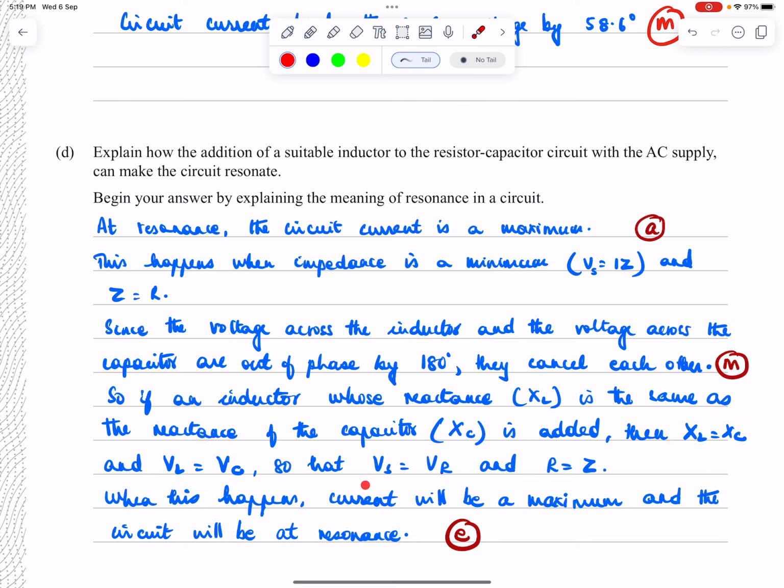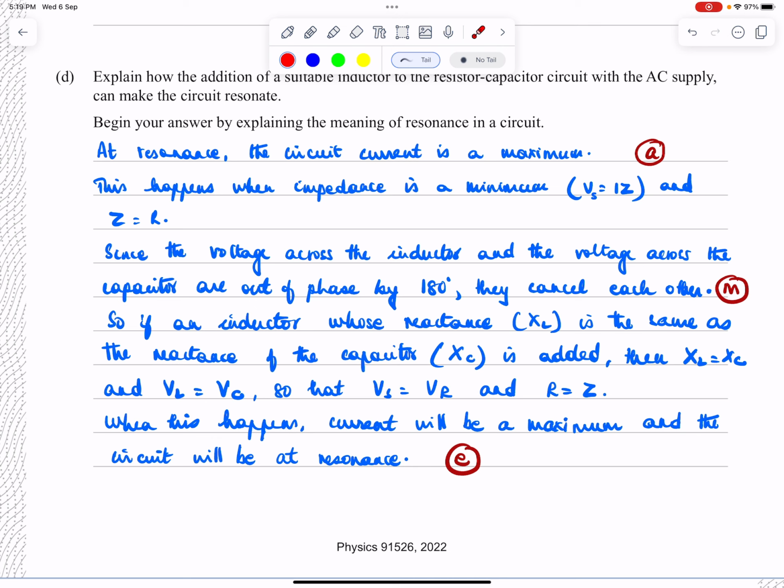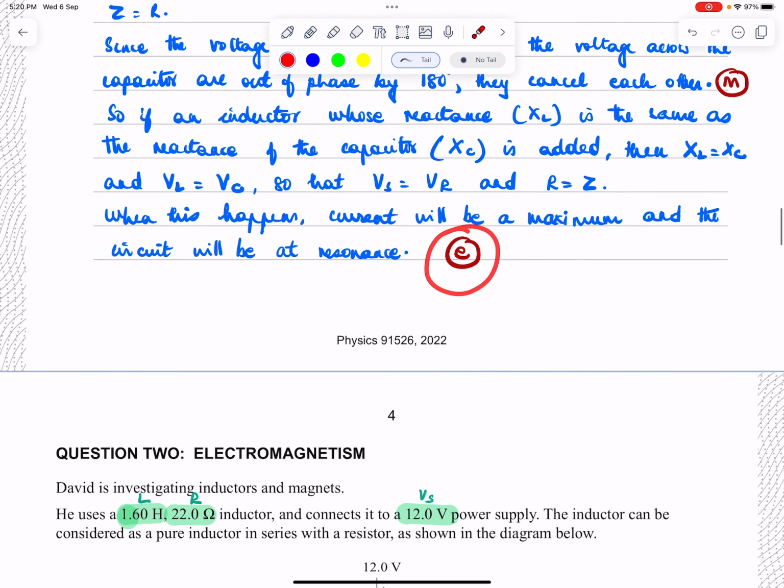You end up with your supply voltage equal to the resistor voltage, and your impedance is just your resistance. When this happens, the current will be a maximum and the circuit will be at resonance. If you said all this, you get your excellence.